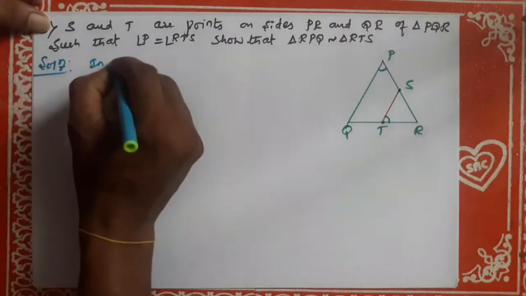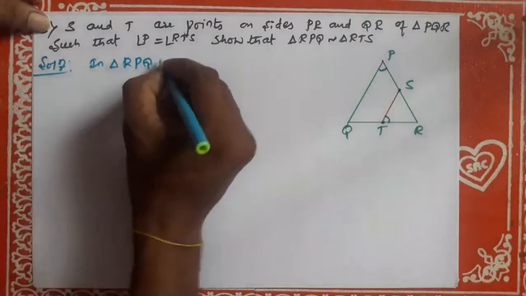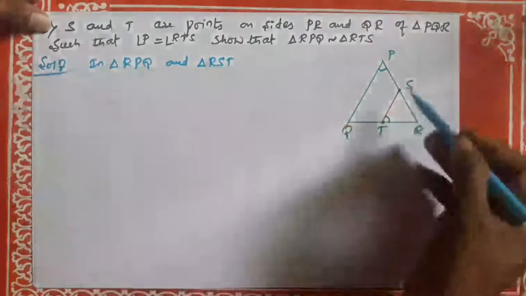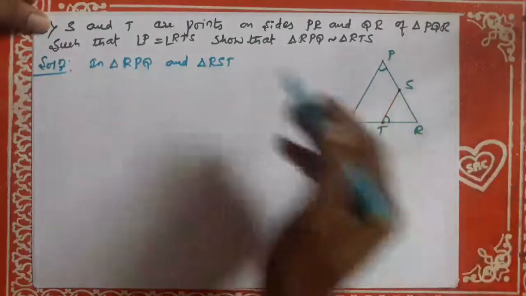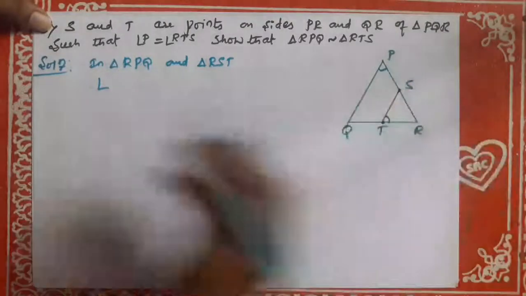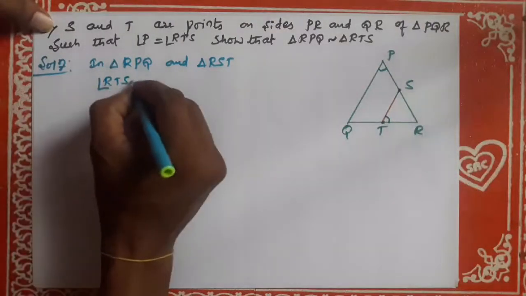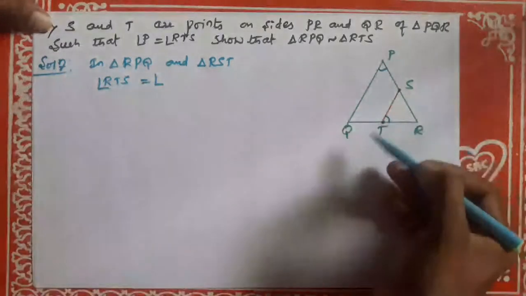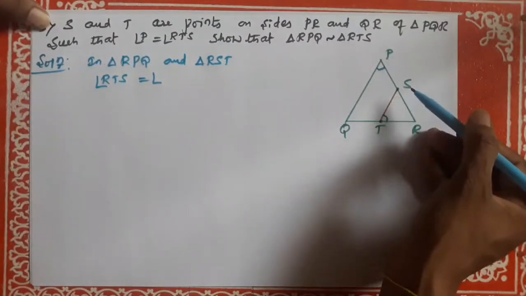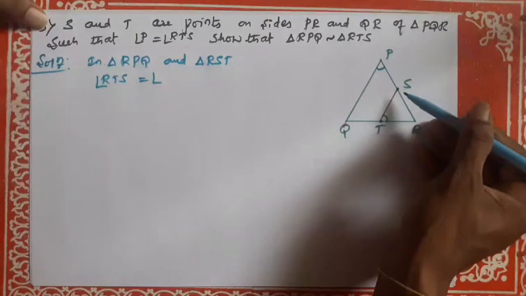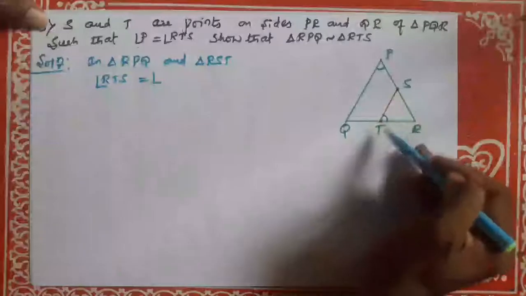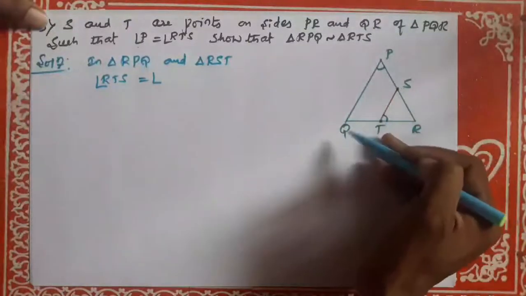In triangle RPQ and triangle RST, angle RTS is equal to angle RPQ, because it is given that angle P is equal to angle RTS. Therefore, angle RTS is equal to angle QPS.